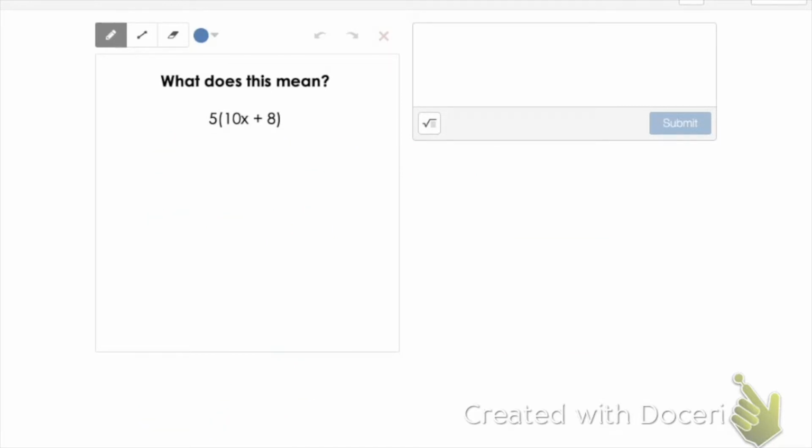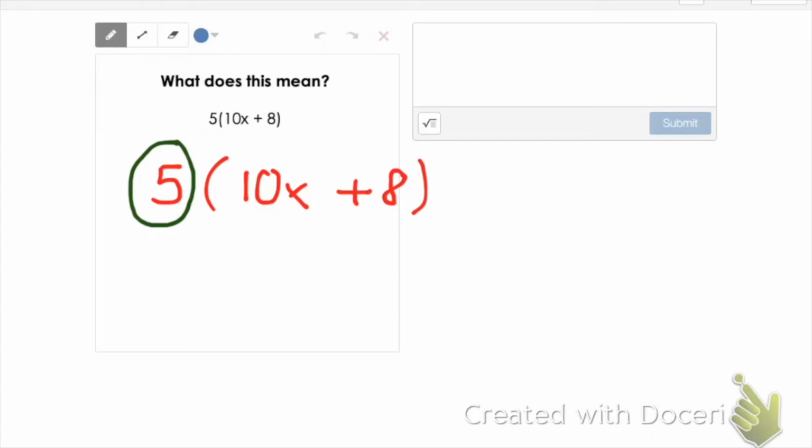So how can I use the distributive property to solve this problem? Let's start to rewrite it. We have 5 times 10x plus 8. I will circle 5. That's going to be the main one. Inside the parentheses, I have two terms. I have 10x and I have 8. So I will start to multiply.